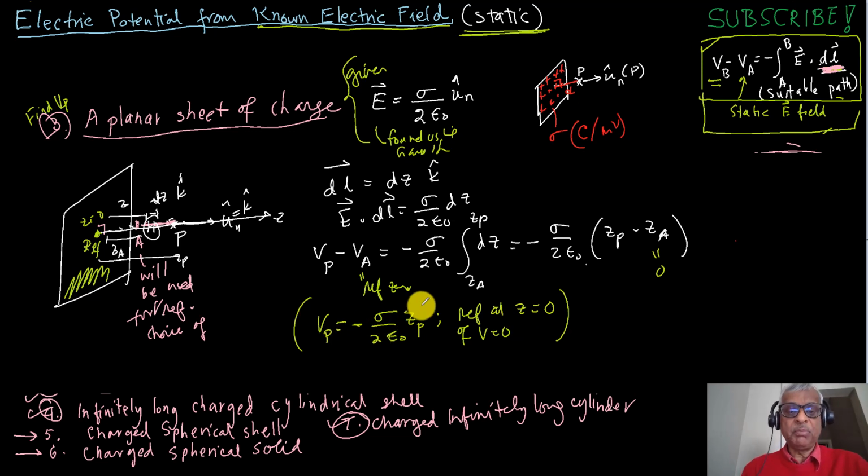So if you have a positive plate, as you go further away from the plate, you get more and more negative potential.